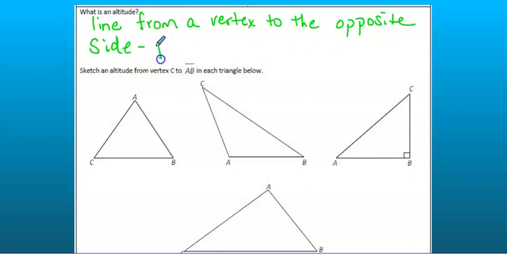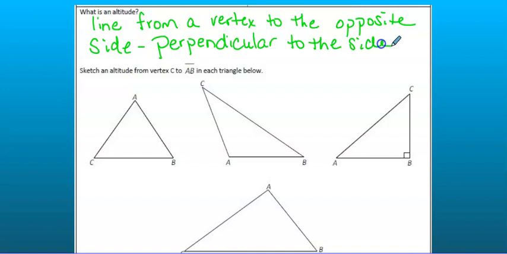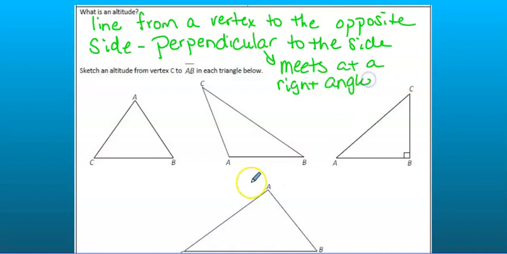And it is what we call perpendicular, and I know you've seen that word before. It is perpendicular to the side. And if you remember what perpendicular means, that means it meets at a right angle. You can paraphrase that however you want, whatever is going to help you.